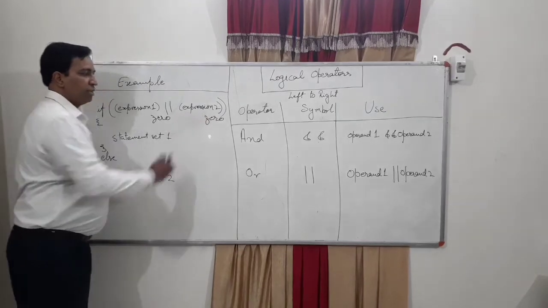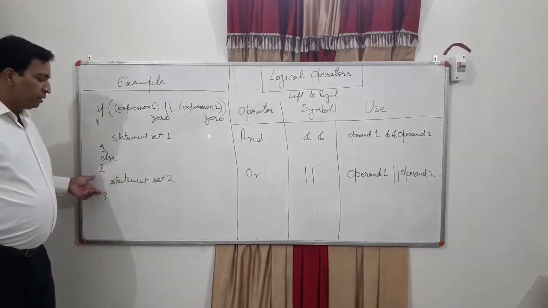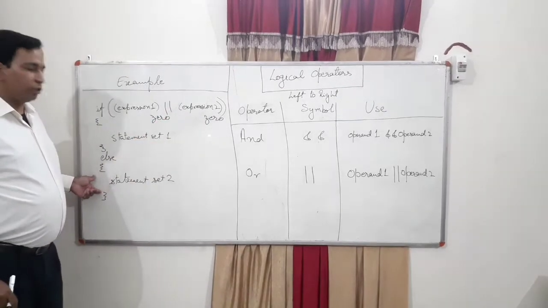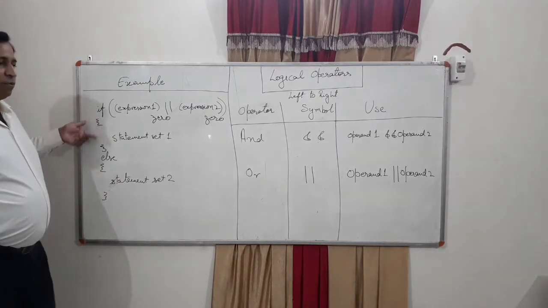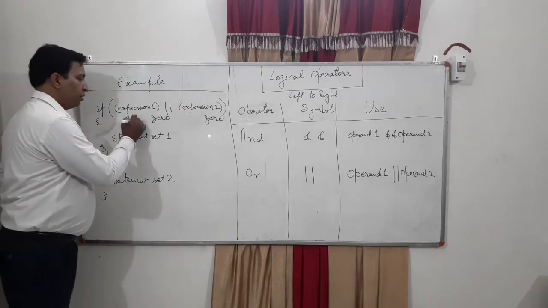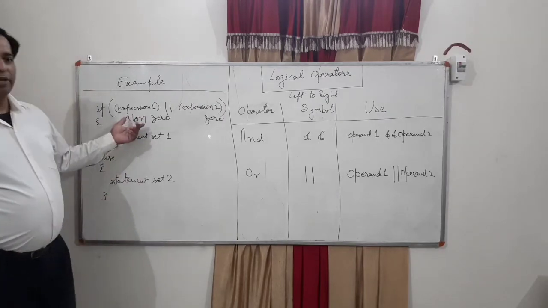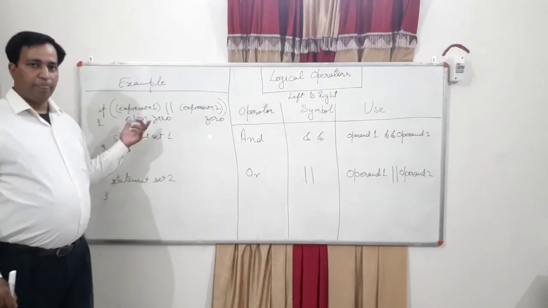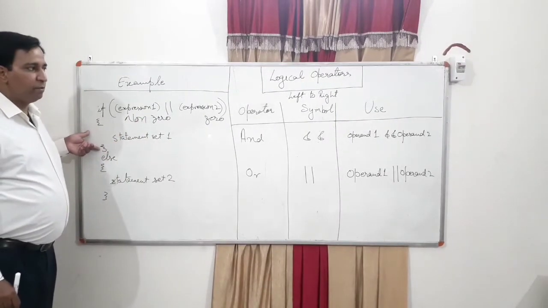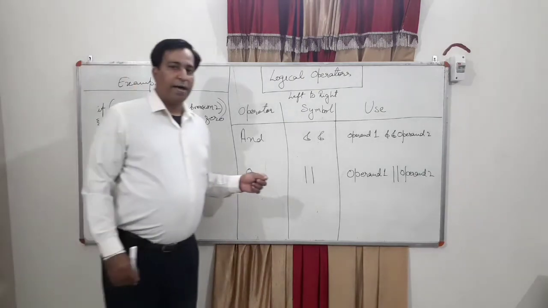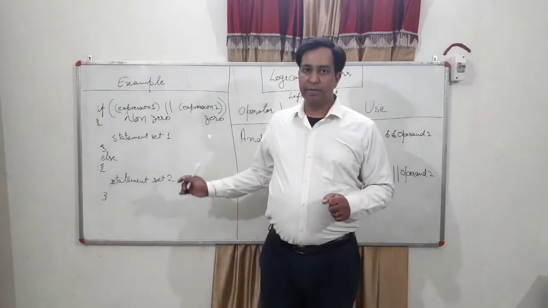If both the expressions are zero, then statement set 2 will be executed. Otherwise, if you have even one non-zero value between these expressions, statement set 1 will be executed. I hope you have understood this concept.